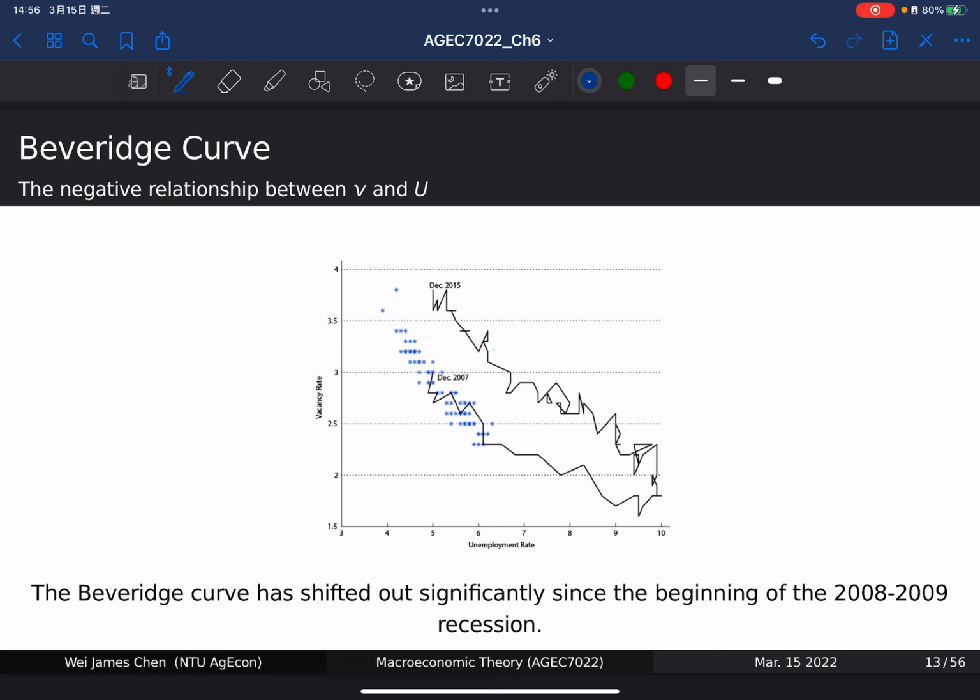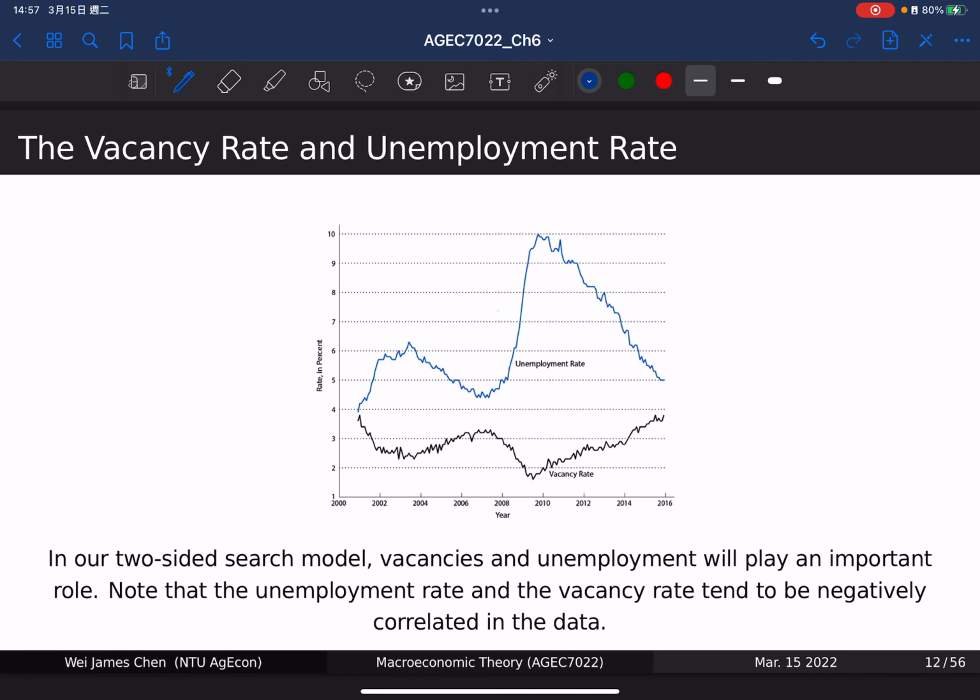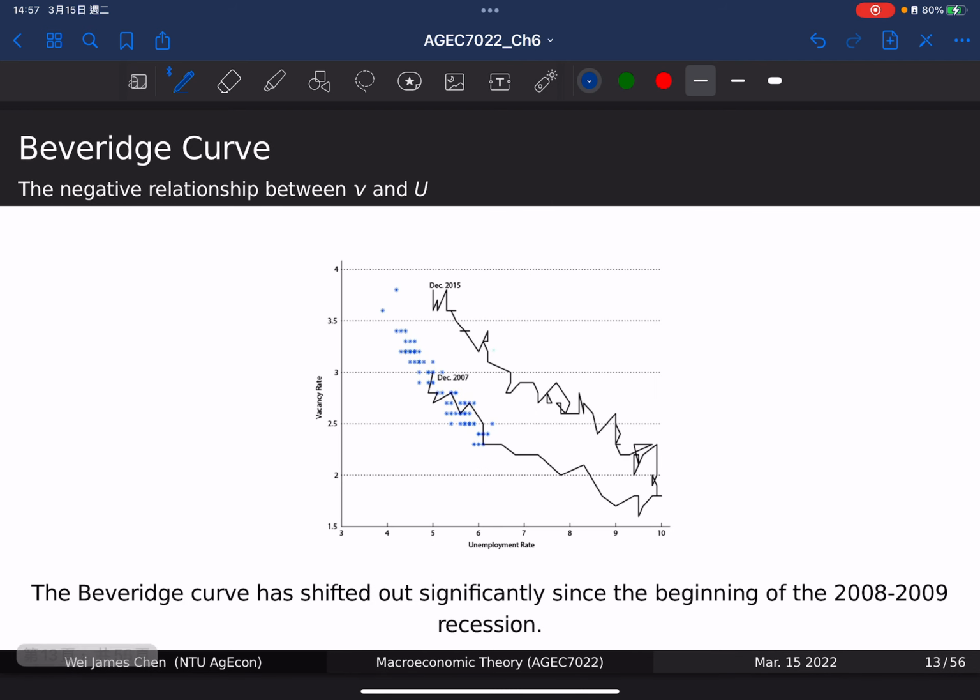Now let's define something called a Beveridge curve. So what is a Beveridge curve? Put simply, it is just a relationship, actually a negative relationship between vacancy and unemployment. I told you there's a negative relationship, right? Here, this dot is a combination of one season's unemployment and vacancy rate.